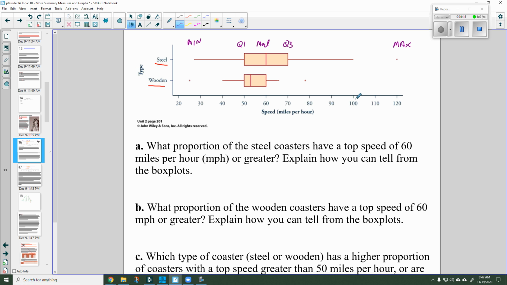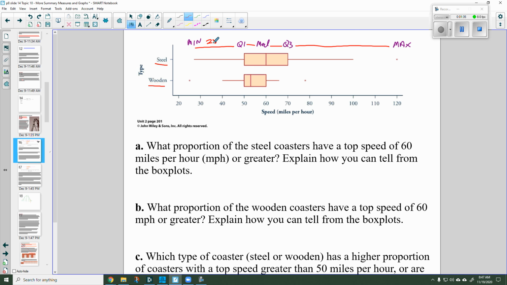The 5-number summary is divided up into quartiles. We have 4 quartiles: one between the minimum and Q1, another 25% between the Q1 and the median, another 25% between the median and the Q3, and another 25% between the Q3 and the max.